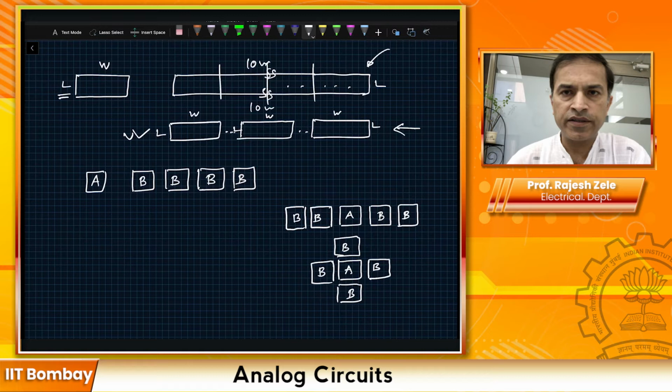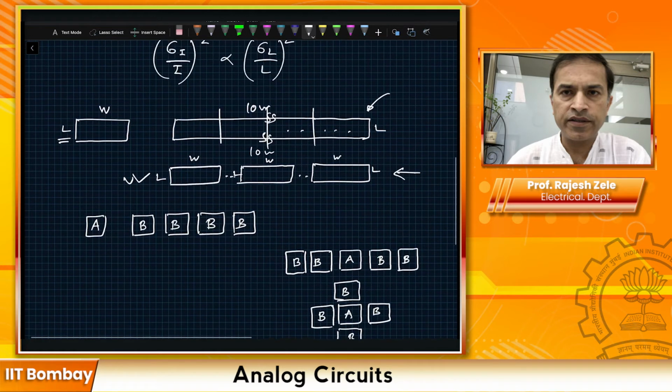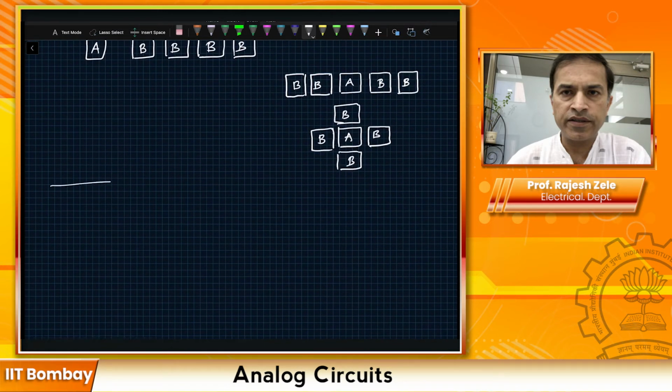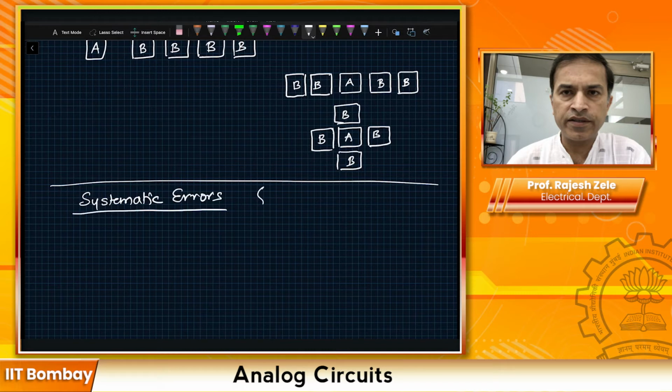So this is what we talked about, all random variation. Now what I'm going to talk about is something called systematic errors. When it comes to systematic errors, you can have layout related errors, and I'm going to explain all of them. And then you can have design errors. So this is like operator error, I like to call them.